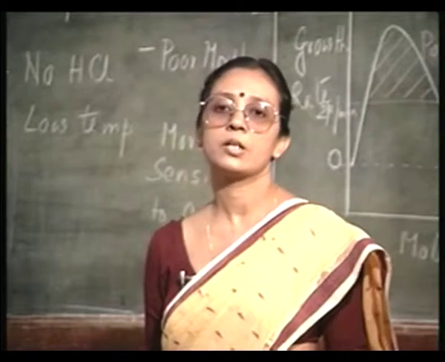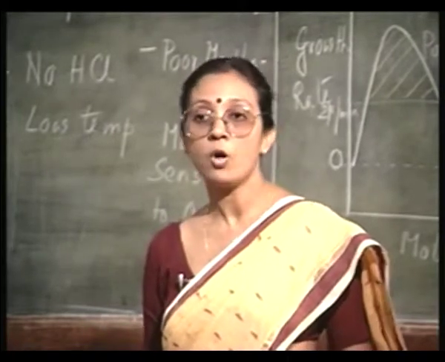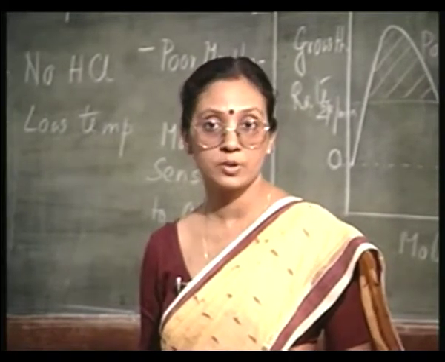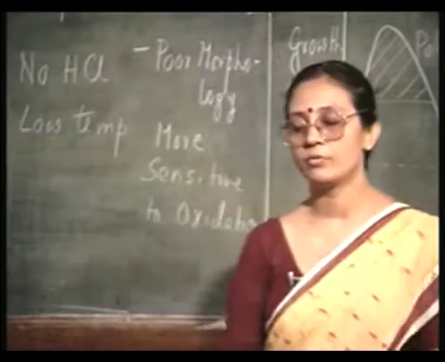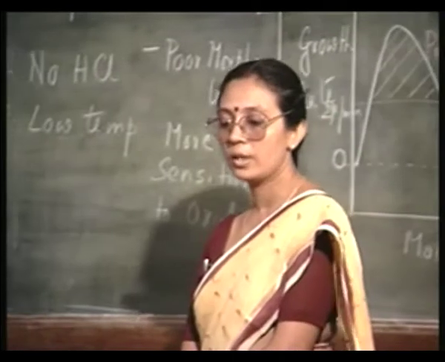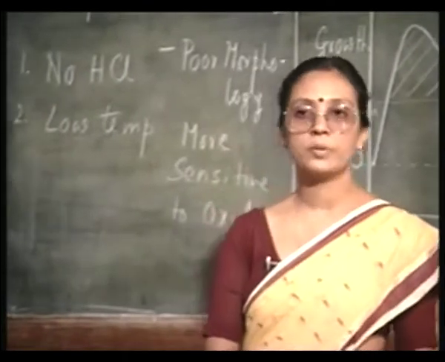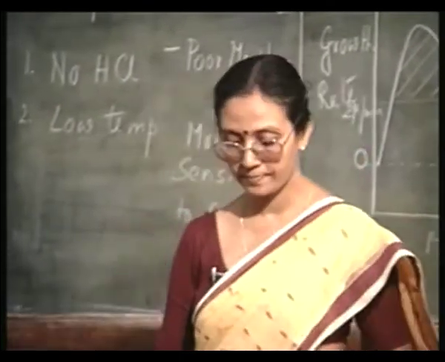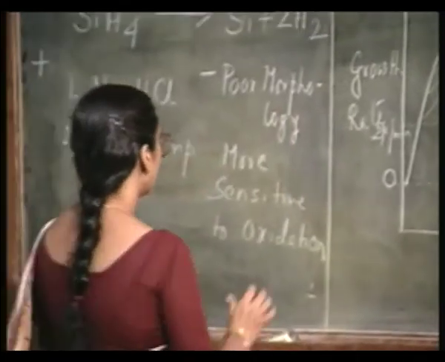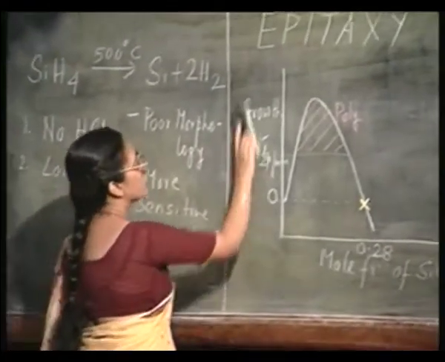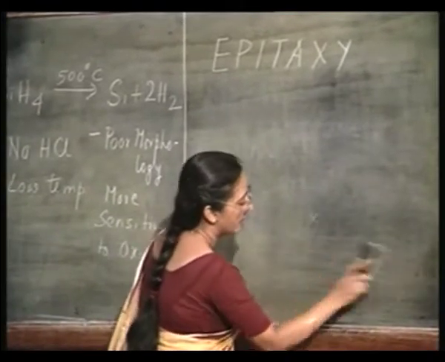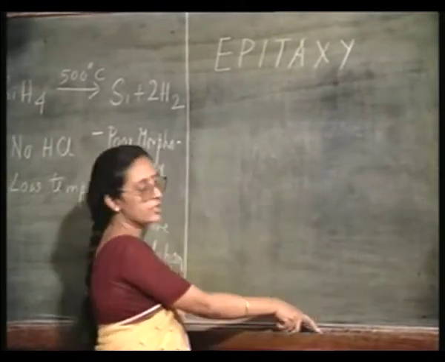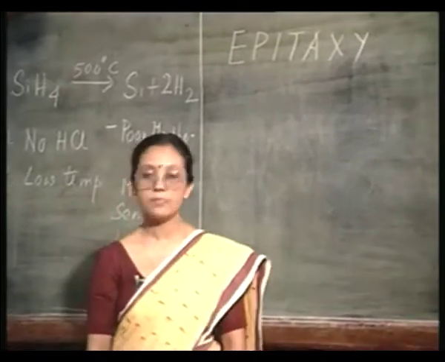Similarly, for other applications you may have to grow a p-type or sometimes even very highly doped layers. So, how does one incorporate the dopants into the epitaxial layer? Doping during epitaxy is also done, and that also essentially follows the same principle.